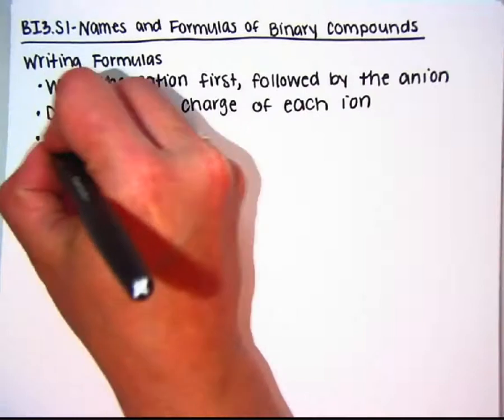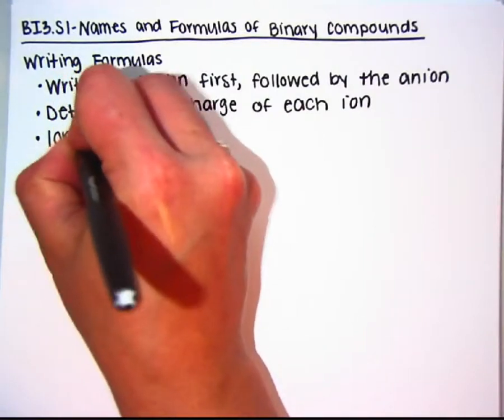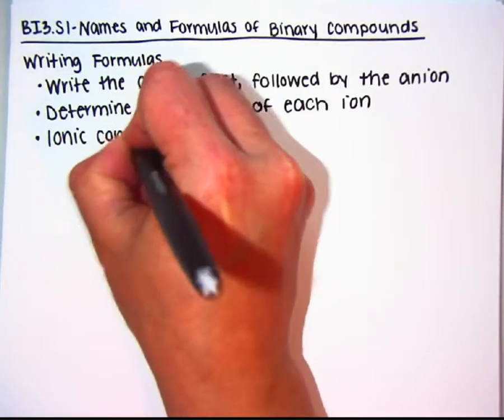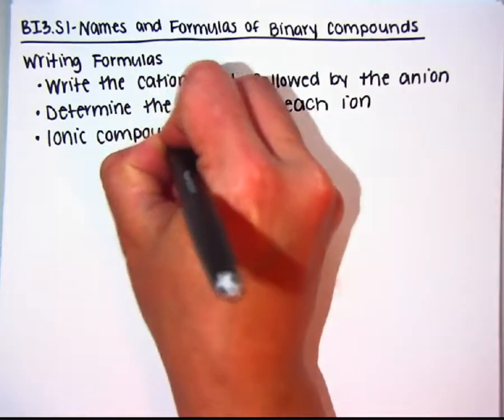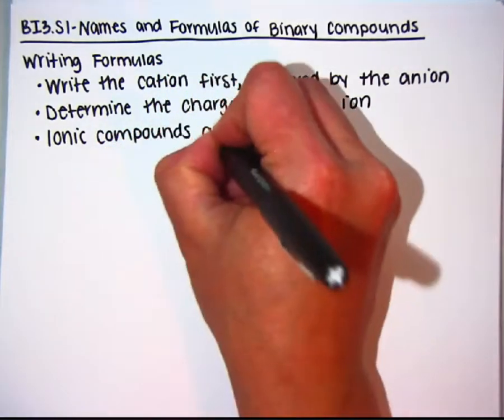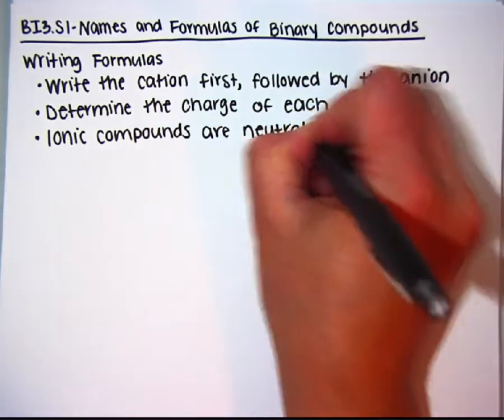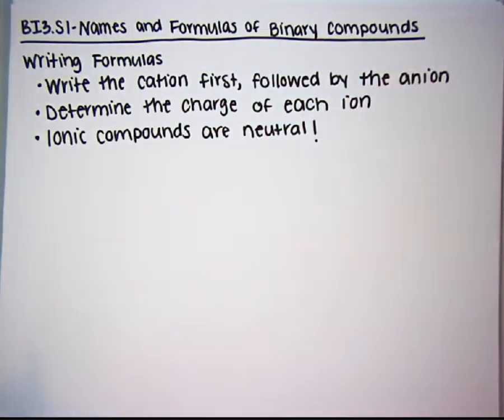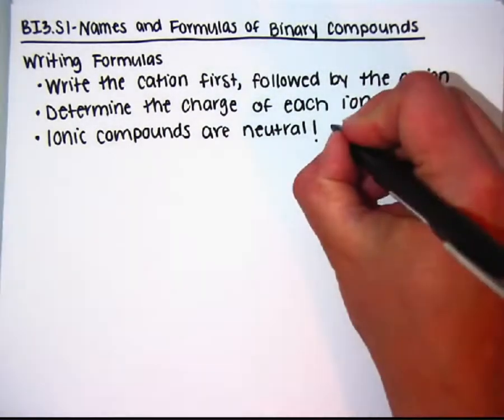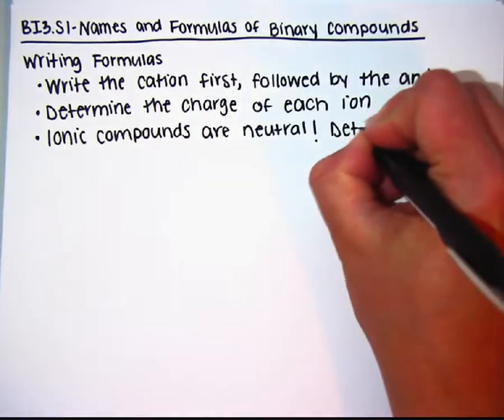Next, we need to remember that ionic compounds are neutral. That's like the most important thing when we are writing formulas. Ionic compounds are neutral. That means the net charge is 0.